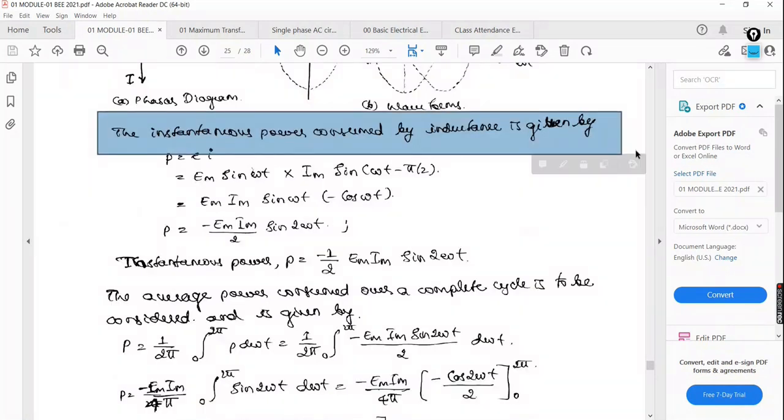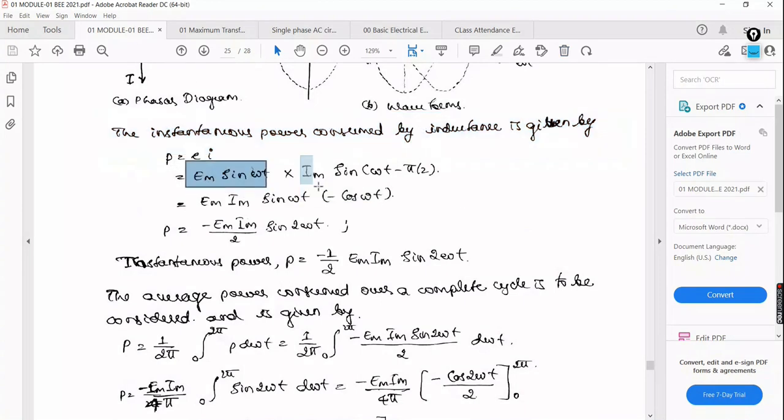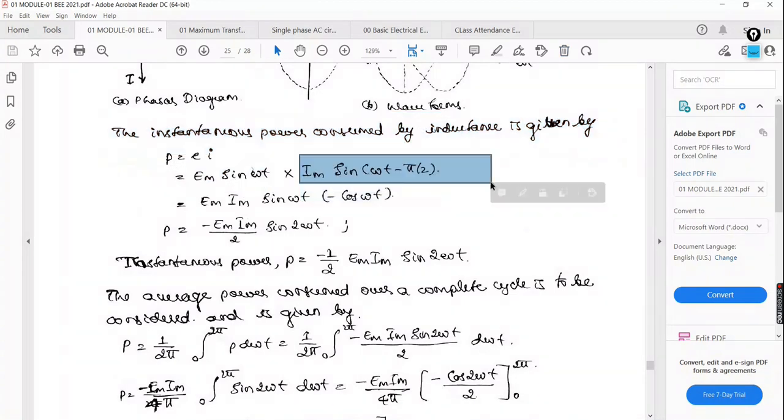The instantaneous power consumed by the inductance is given by P is equal to V into I, or E into I, because I have taken E as the equation. So that is Em into sine of omega t into Im into sine of omega t minus pi by 2. Sine of omega t minus pi by 2 will be represented by minus cos of omega t.